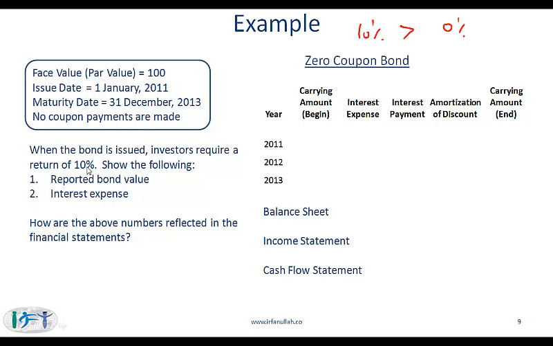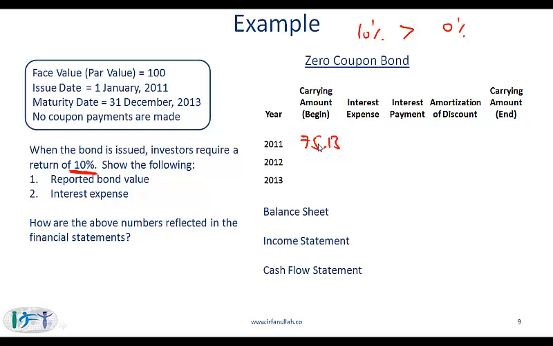So if the investor is requiring a return of 10%, how much will the investor pay the company at time 0? So in your calculator, you plug in N is 3, payment is 0, interest rate is 10, FV is 100, and you should get a present value of 75.13. That's how much the company gets.